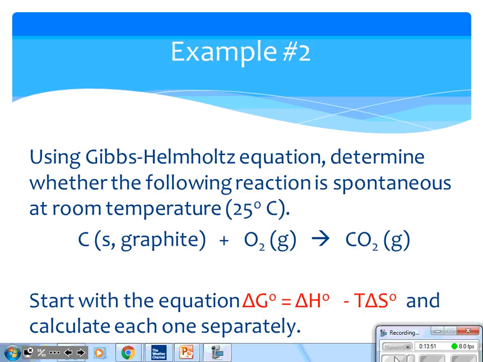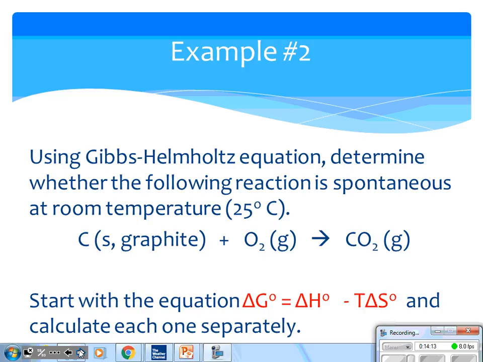Okay, the example states that using the Gibbs-Helmholtz equation, determine whether the following reaction is spontaneous at room temperature, which is 25 degrees Celsius. They give me the same equation that I've just been using.